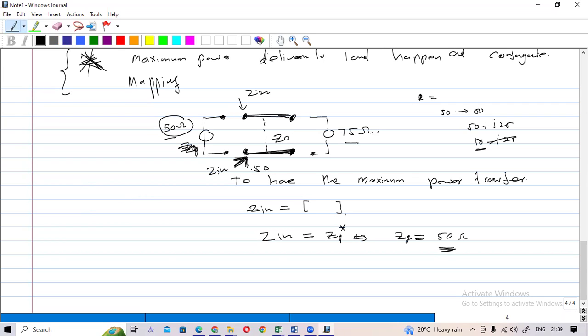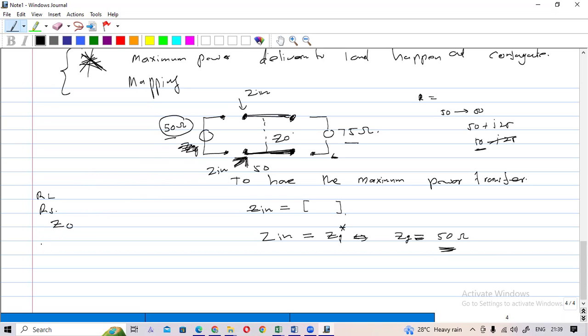And here you have another load. Let's say that is RL, so this is load RL. And here 50 ohm is RS. Let's say that the characteristic impedance is Z0.